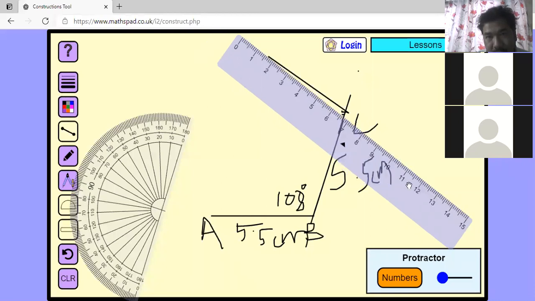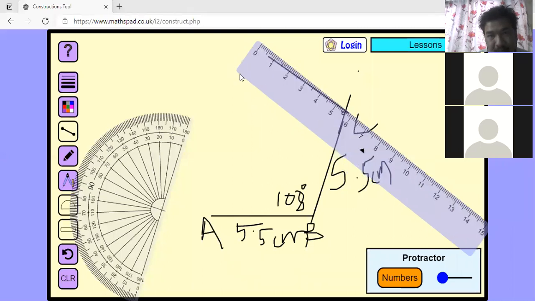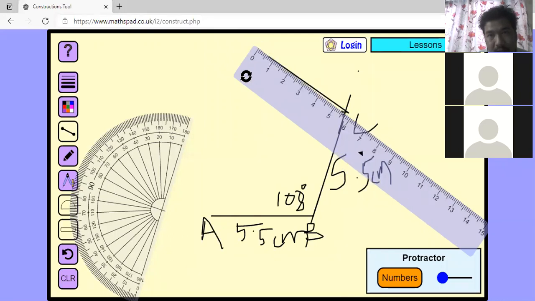And it's 5.5 here. Okay, and make it straight. Now make it a bit longer. If the line is not longer, make it longer.